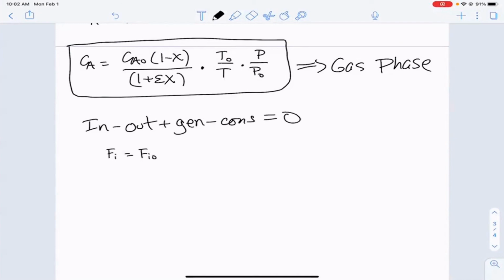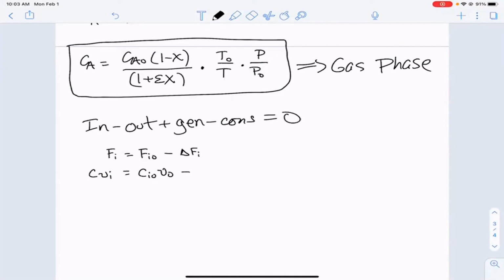So out equals in plus generation, or you could also say minus the consumption, however you want to do it. But I'm going to say that is minus the change in the number of moles of whatever that species is. And so we know this substitution, right? C times V for I is equal to now CI0 V0, now minus.